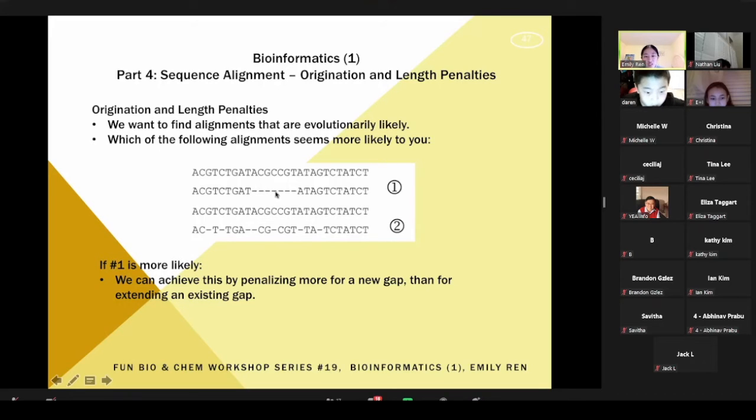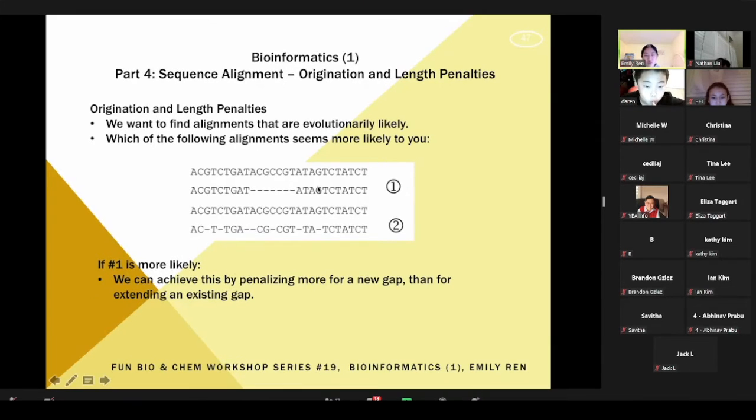So here you can see 7 continuous gaps or existing gaps. So this one might be more likely if we use this scoring scheme here, because compared to the second one, which has many new gaps, we just have an existing gap that's extended. So that's how we can maximize the score if we choose this scoring schema for number 1.